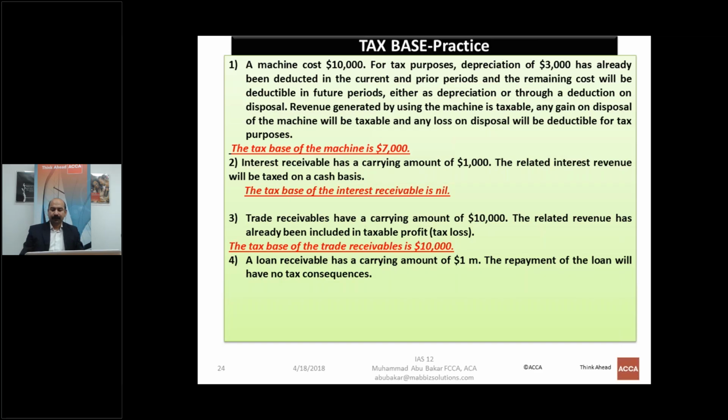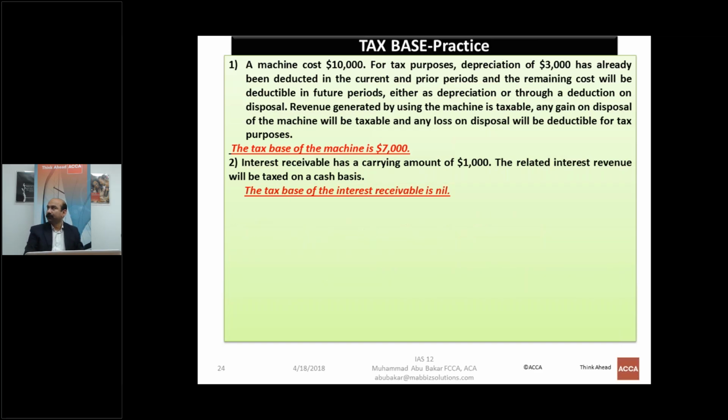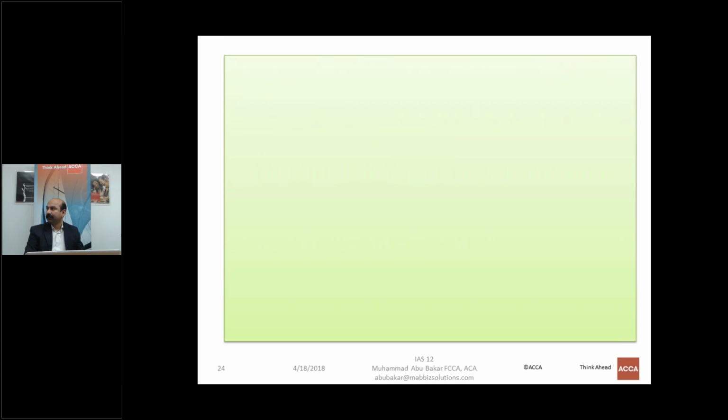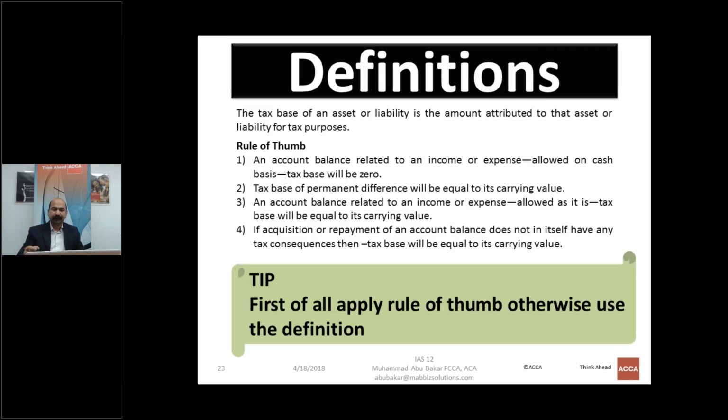Okay. So if you go back to this slide, in fact this is the rule. If acquisition or repayment of an account balance does not in itself have any tax consequences, then tax base will be equal to its carrying amount. See, when you obtain a loan, obtaining that principal amount and repaying that amount does not have any tax consequences.